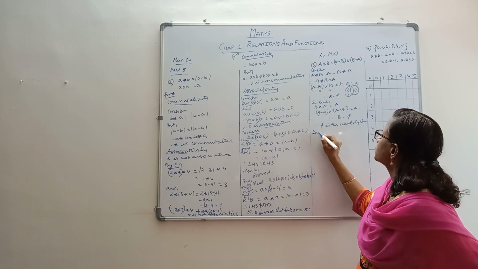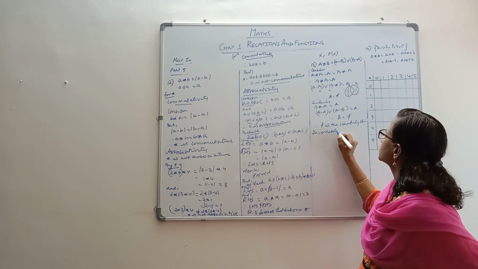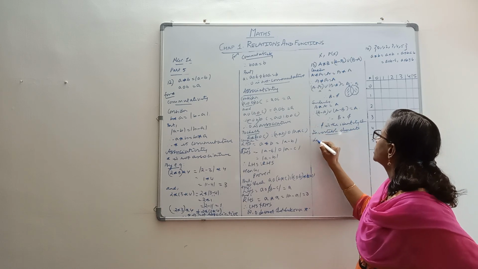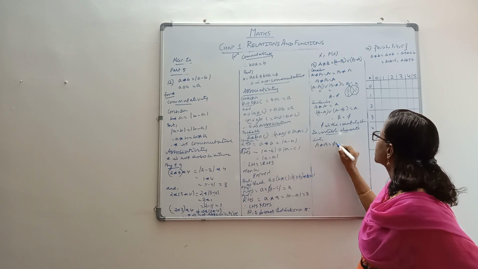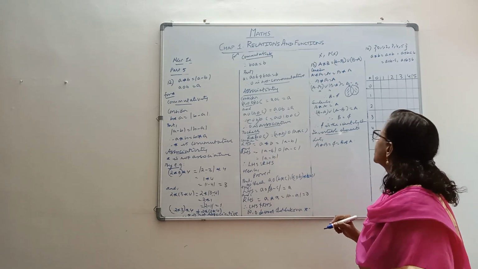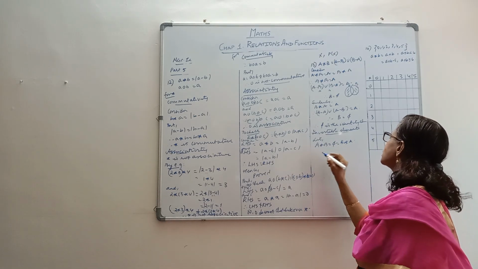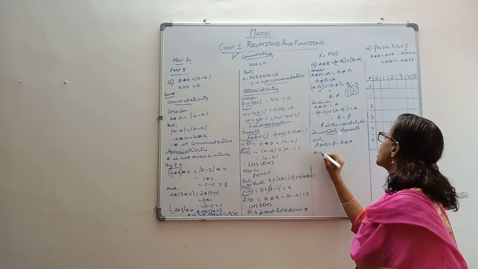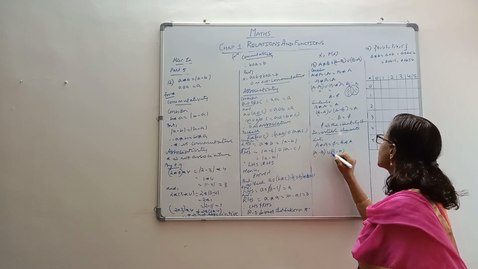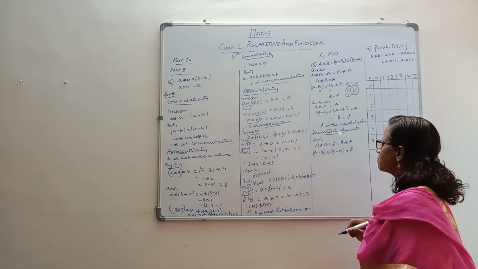So, now for invertible. Let A star B be equal to empty set, which is equal to B star A. Now, A star B is by formula A minus B union B minus A is the empty set.